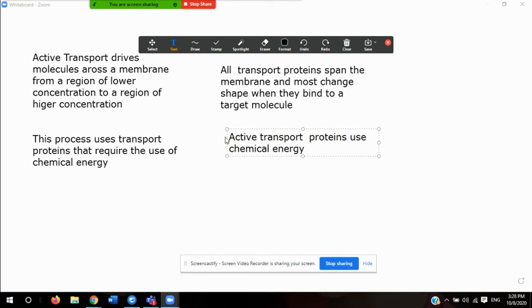But here's the other thing: most use energy from a molecule called ATP. ATP is kind of like that chemical.